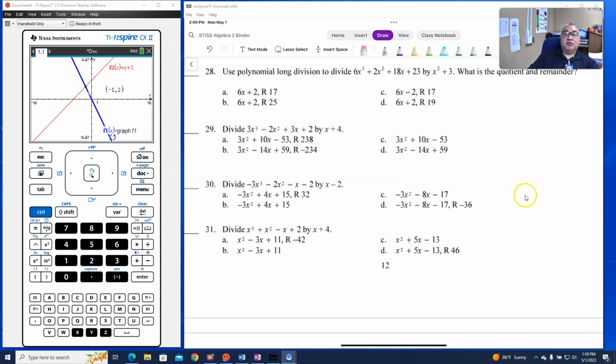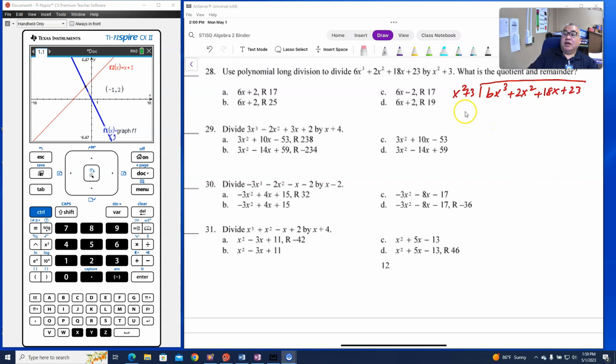Okay, 28, I'm going to use long division. So remember, we have 6x cubed plus 2x squared plus 18x plus 23, and then we're going to divide by x squared plus 3.